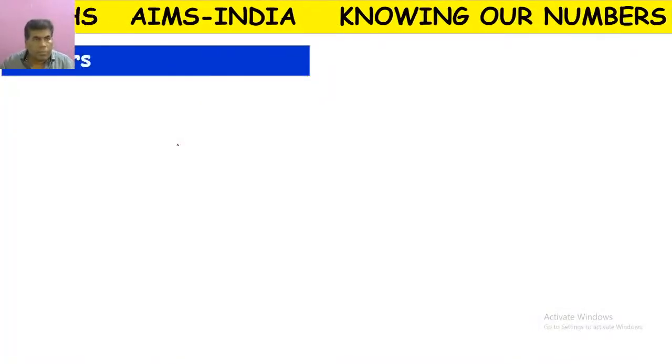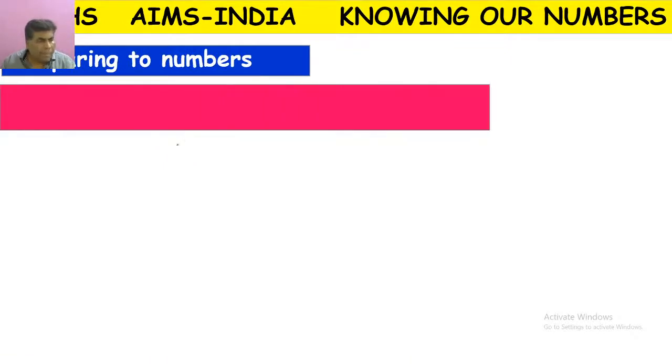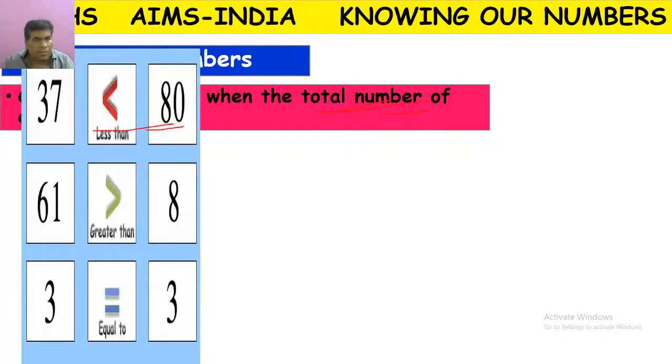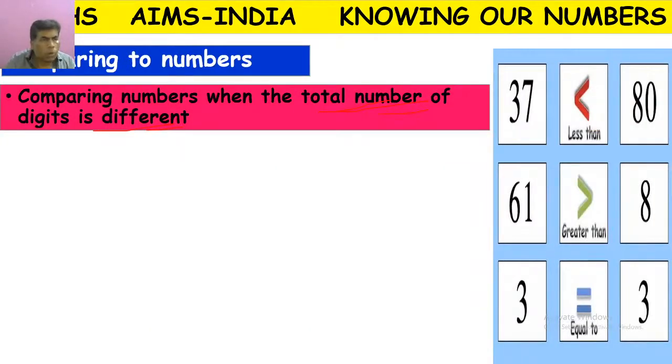Okay. So next, comparing numbers. Here the condition is that the total number of digits is different. If the number of digits are different, how do we compare the numbers? We have mathematical signs like less than, greater than, equal to.